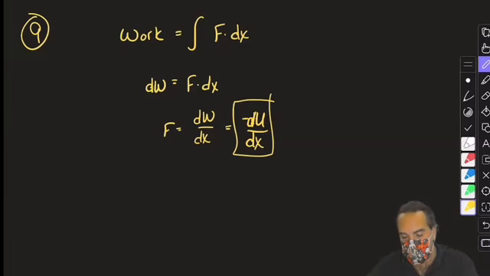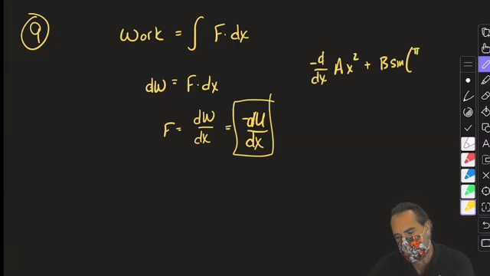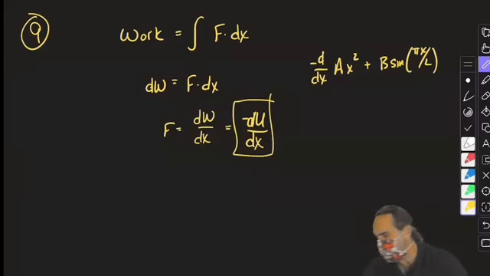So we have an expression for U. It is, I believe, ax squared plus b sine pi x over L. What's that? I thought it was, I was looking at my derivative. Yeah, it's sine.